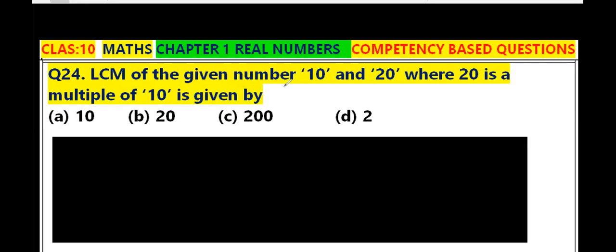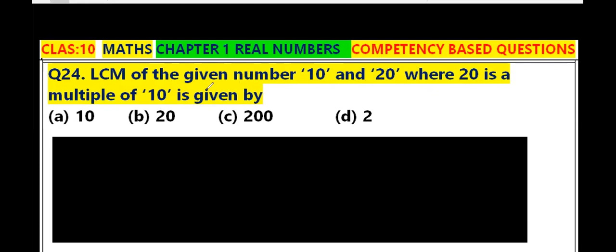LCM of the given numbers 10 and 20, where 20 is a multiple of 10. What will the LCM of 10 and 20 be? That is the question. I think you understand the meaning of multiple.